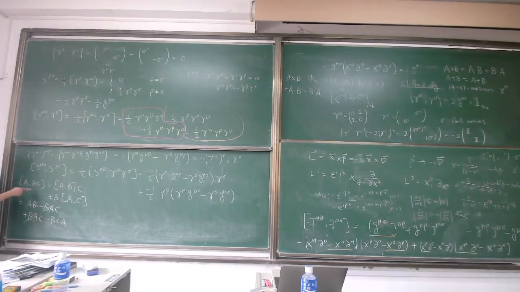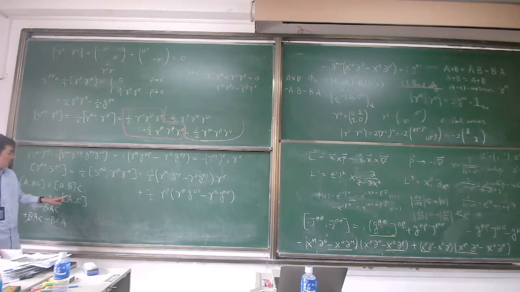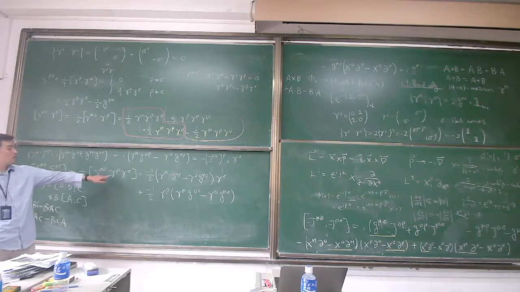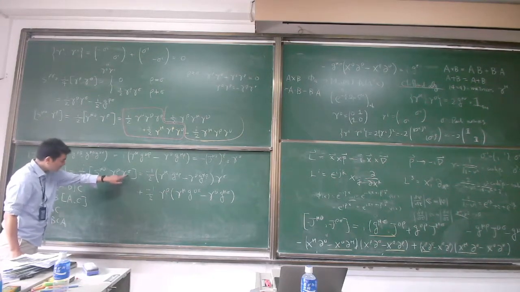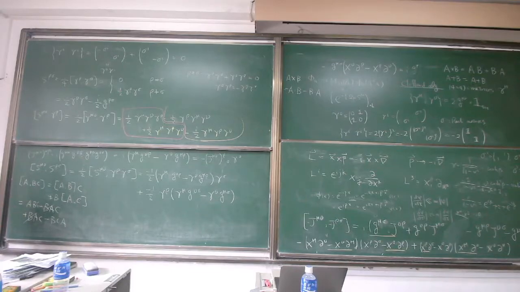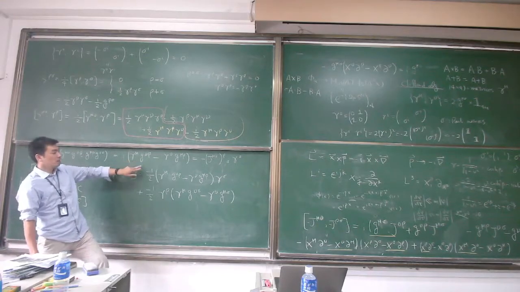So this is exactly the definition of this one. And what I did is that first, you treat A as S mu nu, B as gamma rho, and gamma sigma as C. And you first apply this one here, then you get this one. So this is a commutator.